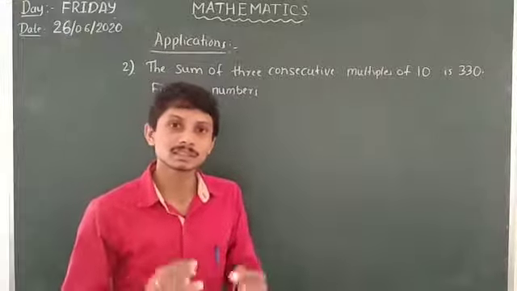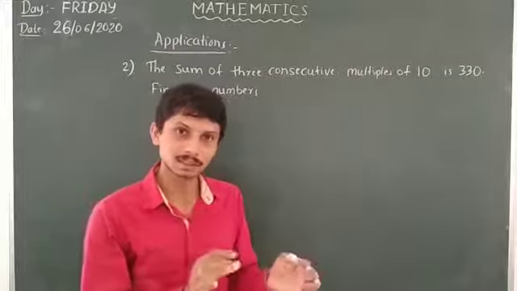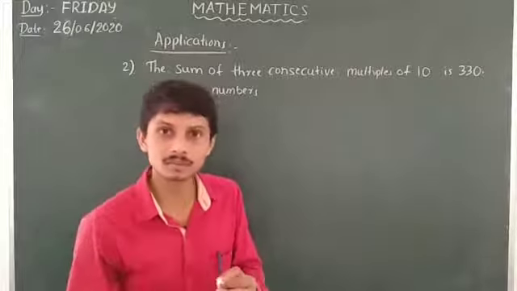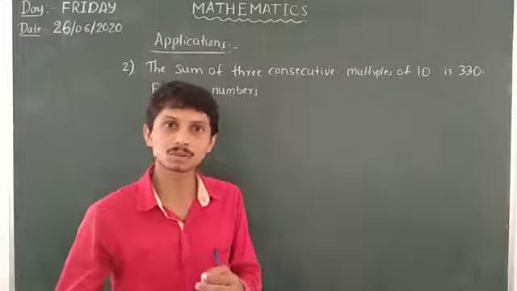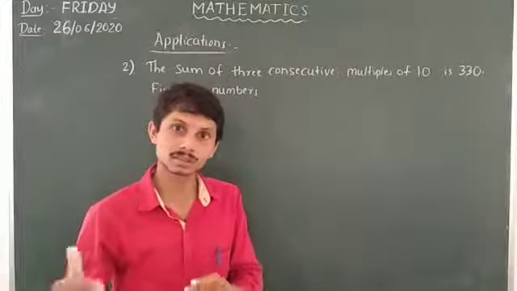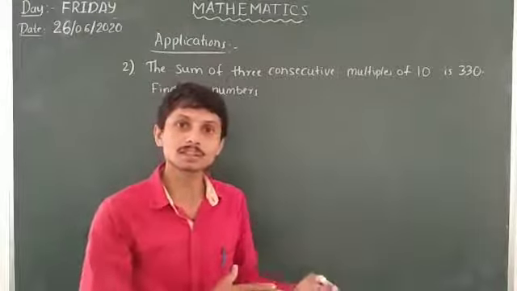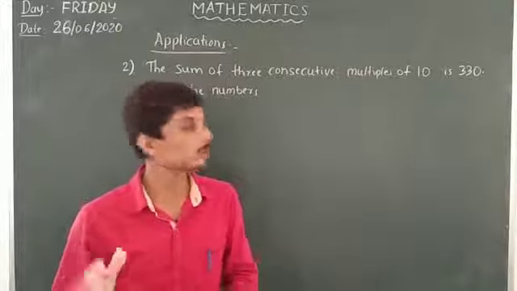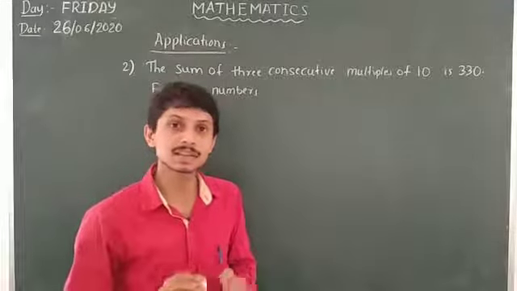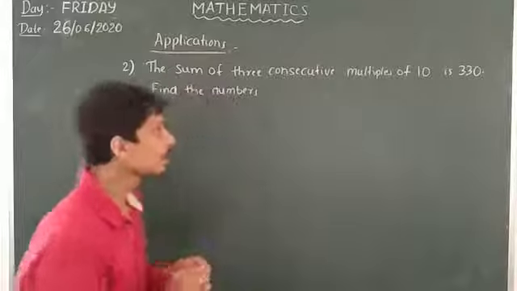Each term is obtained by adding 10 to the previous term. After the addition of those 3 terms, we get 330. That means let the number be x.